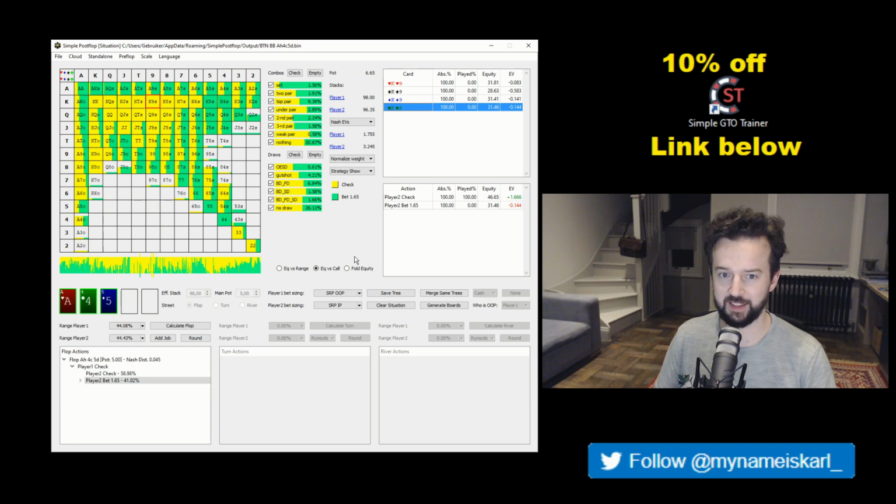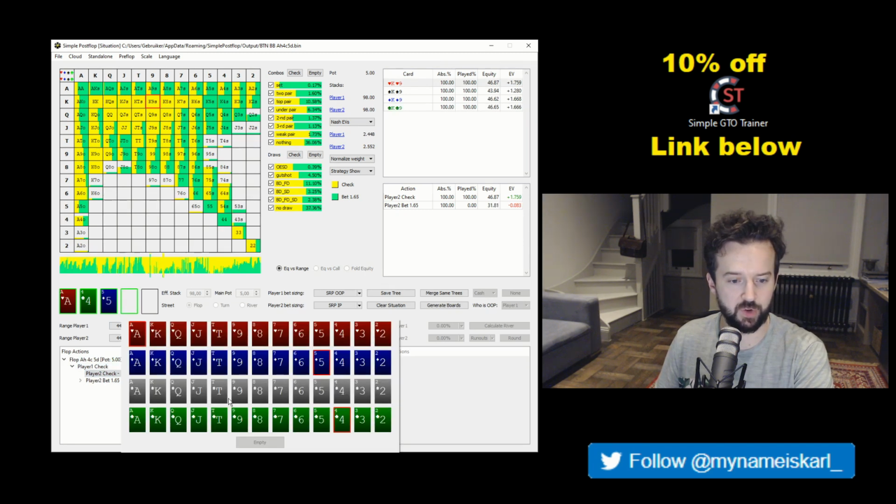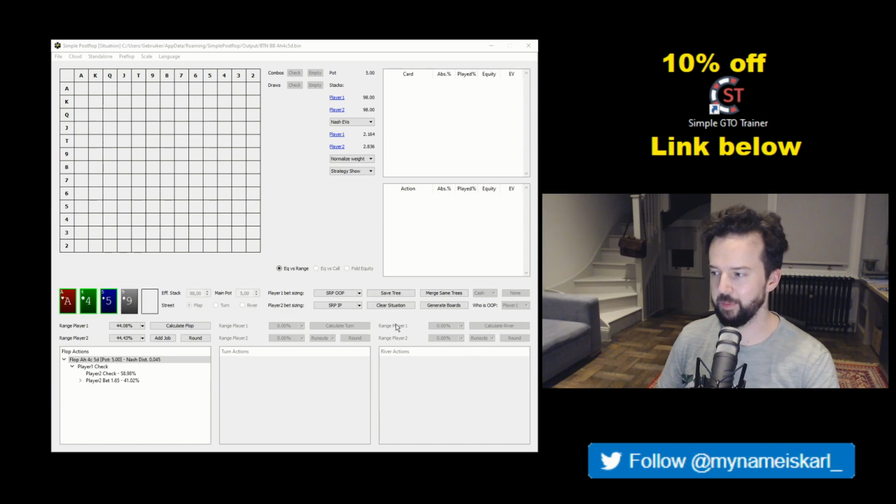It only means that villain happens to have a hand that is gonna bet for value or bet as a bluff, but sometimes he doesn't have those hands, and then you can bluff yourself, or you can check it down and take your hand to showdown. So on this board, King Queen or King Jack or whatever just has some showdown value. We're just gonna try to get to showdown.